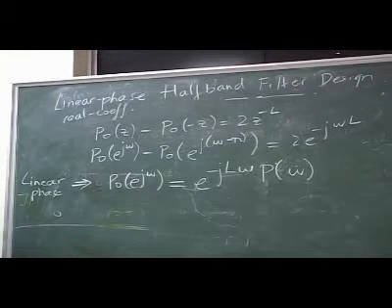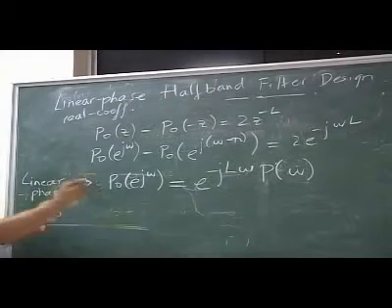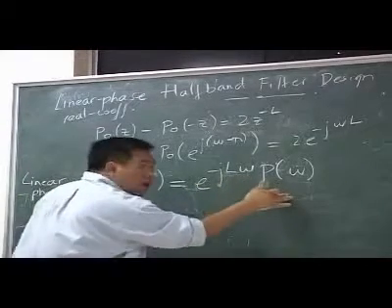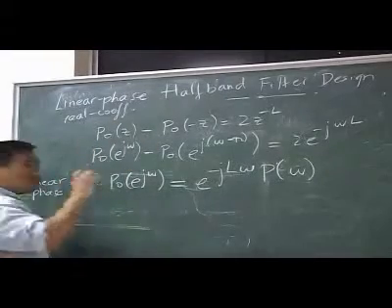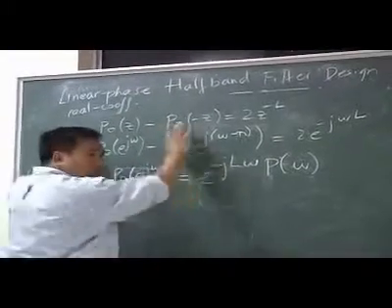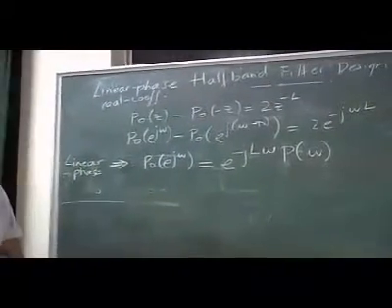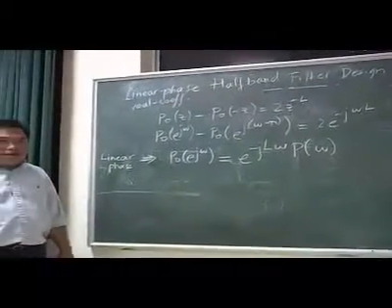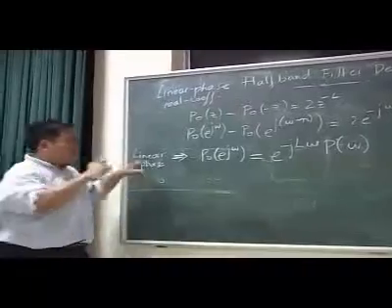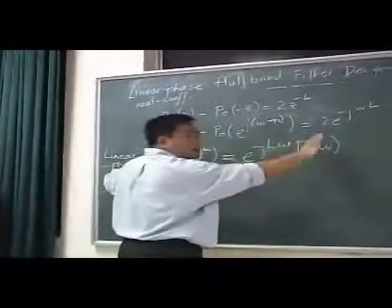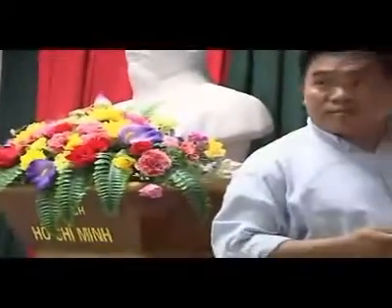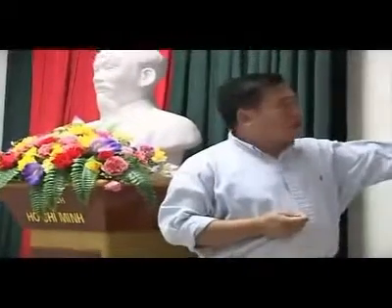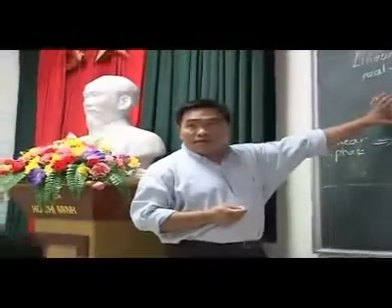Is that clear? So what I'm going to do next is take this and plug it into this. So far, this is arbitrary. I'm going to constrain this with this. Okay? Let's take a short break. When we continue, we'll take this form and plug it in here and see what happens to P. We use this property of the linear phase system, linear phase filter, in the half band properties.